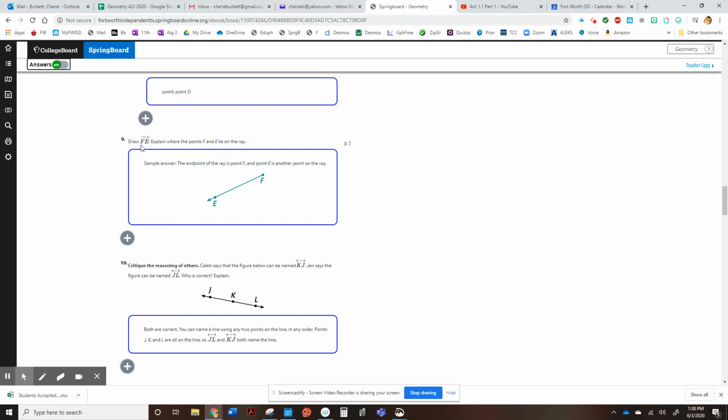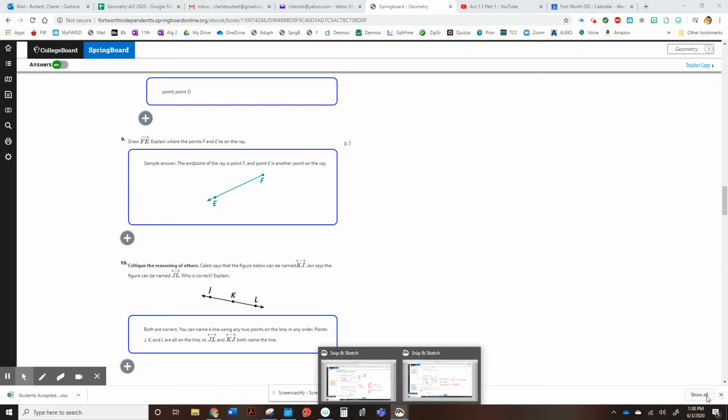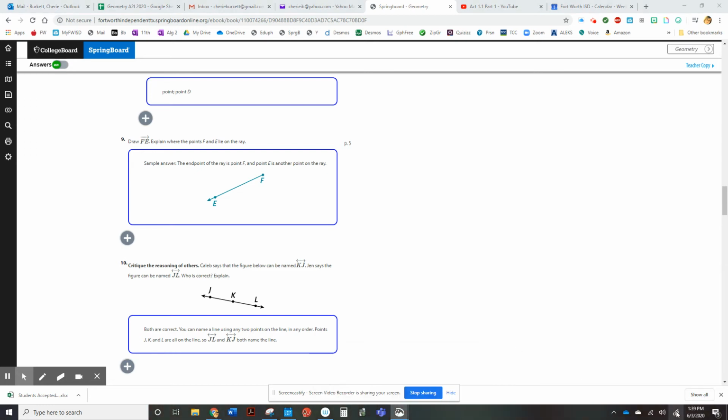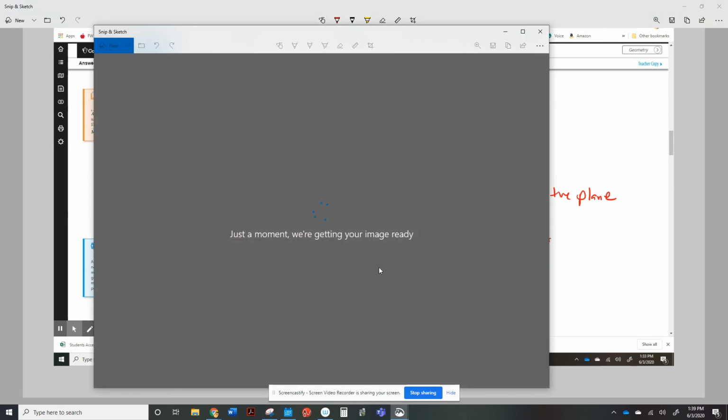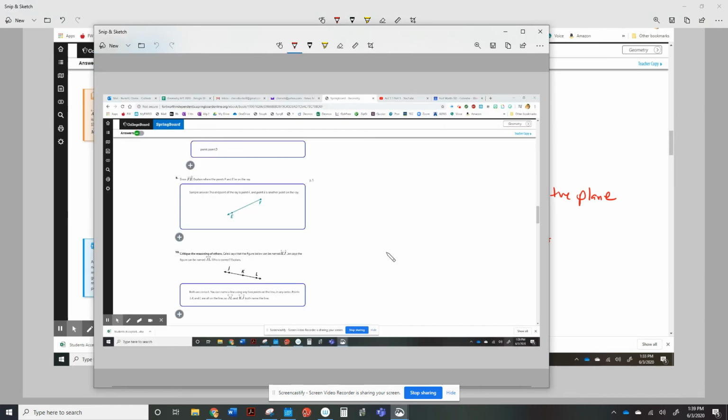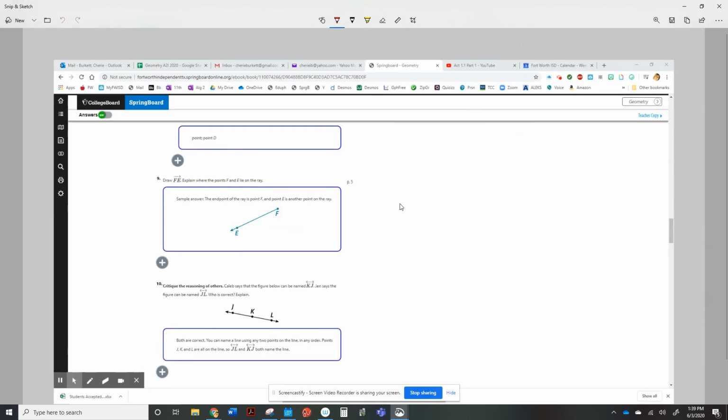Draw ray FE. So why is theirs going down kind of toward the left? A lot of you probably drew it the same way that you saw it written.